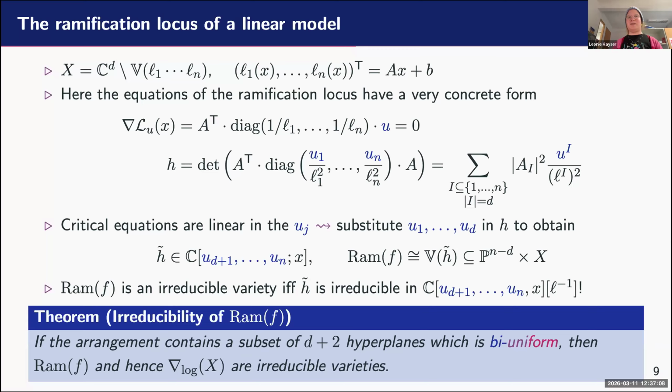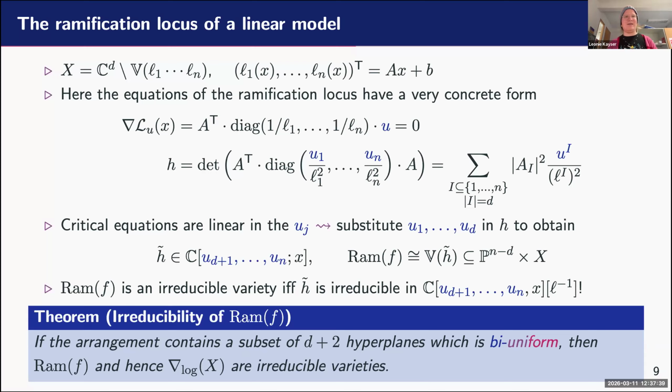We can show algebraically that h tilde is an irreducible polynomial, and hence the ramification locus is an irreducible variety, and so the projection, the logarithmic discriminant, is also an irreducible variety. So at least in the case where everything is sufficiently uniform, we indeed have an irreducible reduced hypersurface, or let's say variety. We don't know yet that it's a hypersurface.